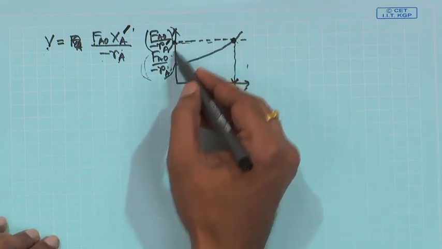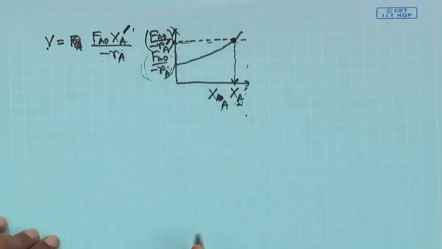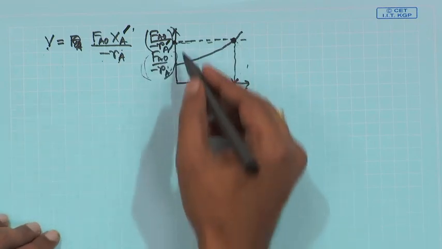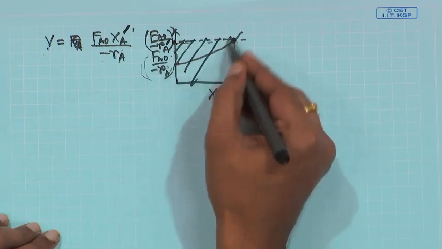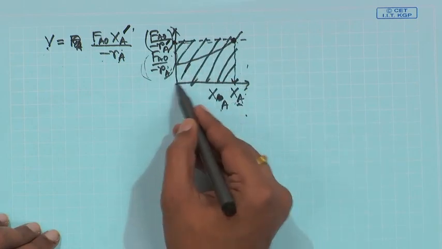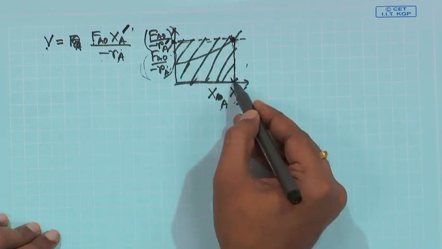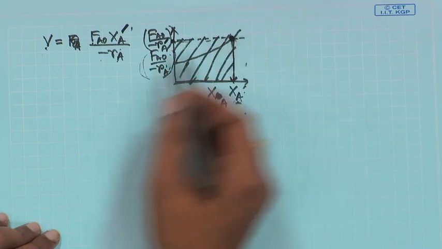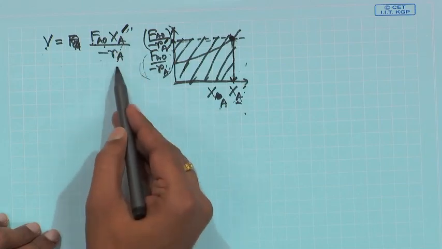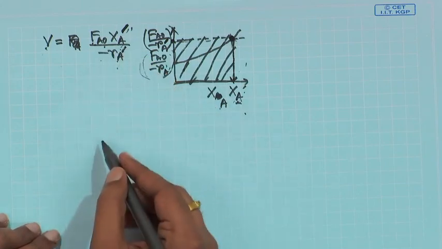So, this rectangle that you have, if you take the area of this rectangle, that will be this length into this length. So, that is F A 0 into X A prime divided by minus R A prime in this case.